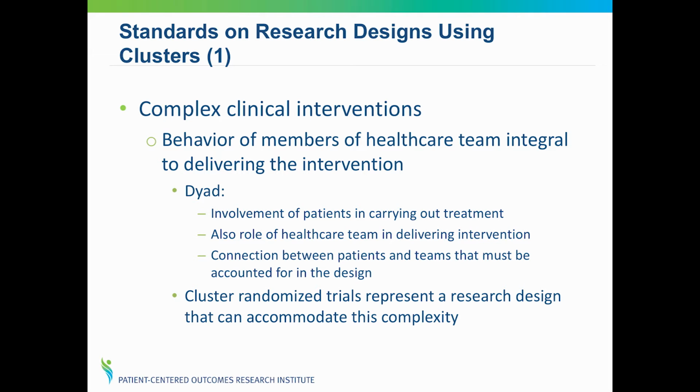So we might think about a cluster situation in which a group of patients receive care from a single healthcare team, and what we're really asking for in the study is for those healthcare teams to deliver one or the other type of clinical intervention. And so that sets up the stage for the scenario in which you would randomize the healthcare team to one or the other of a clinical intervention, but the outcomes of those interventions are measured at the level of the individual patient.